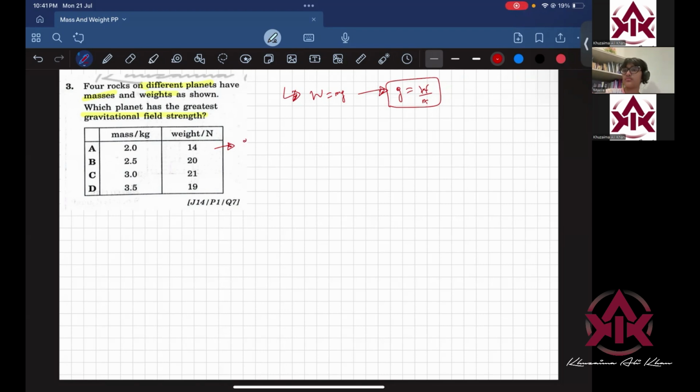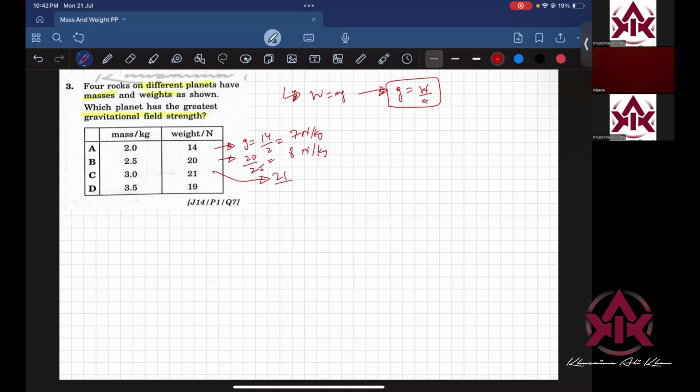So this is going to be 14 upon 2, that is 7 Newton per kg. And this is going to be 20 upon 2.5, and what is 20 upon 2.5? It's 8 Newton per kg. And what is 21 upon 3? It's again 7 Newton per kg.